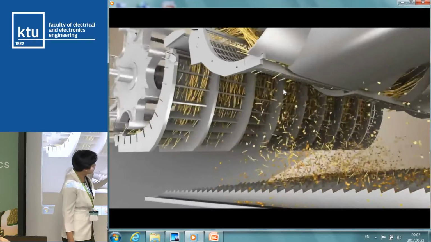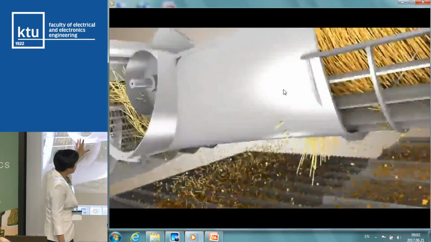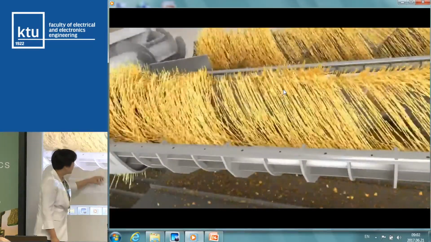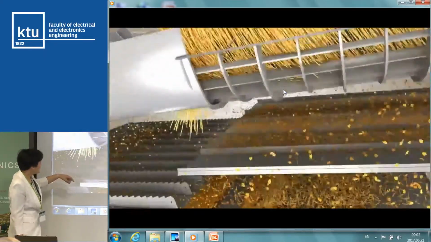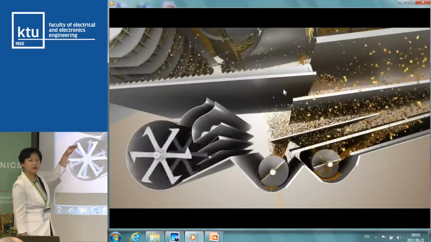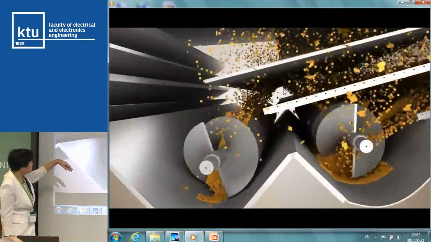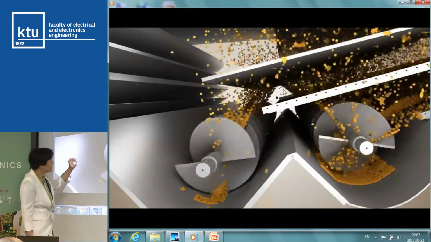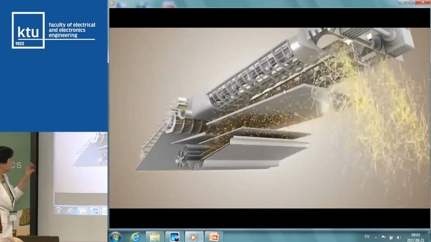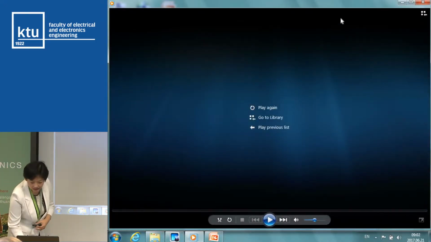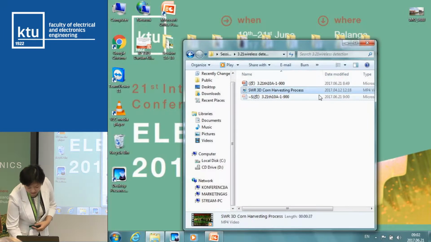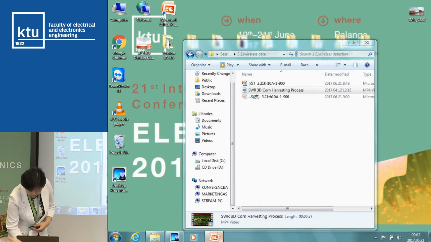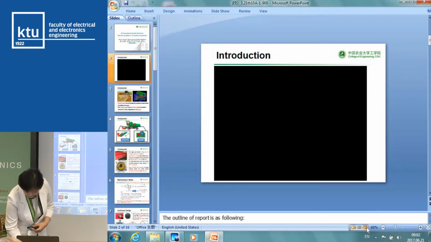The grain will be separated from the straw here, and at the bottom is the clean processing. After the clean processing, it will collect the grain into the storage part. So this is the main purpose of the combined harvester.